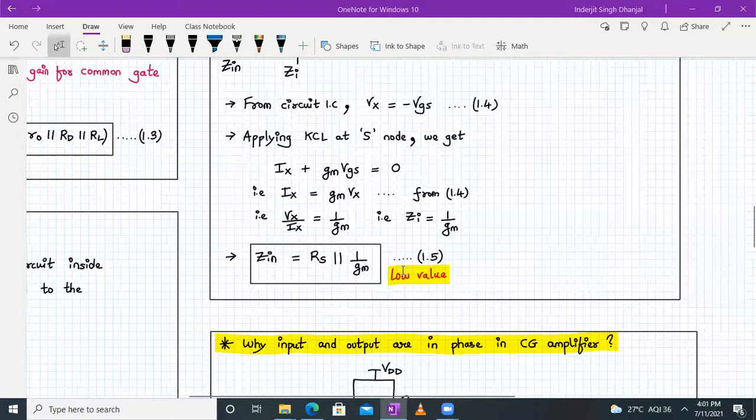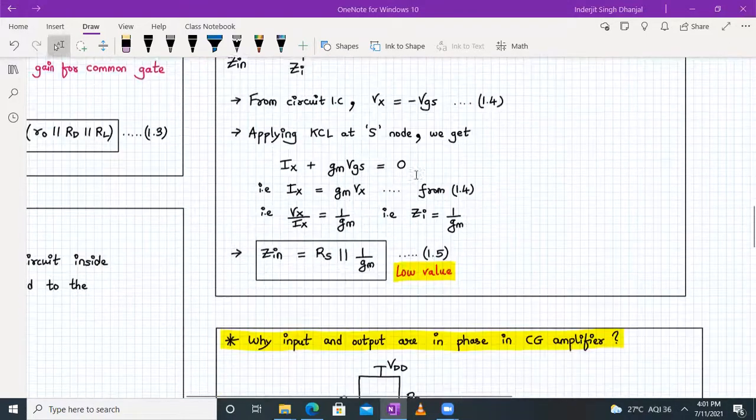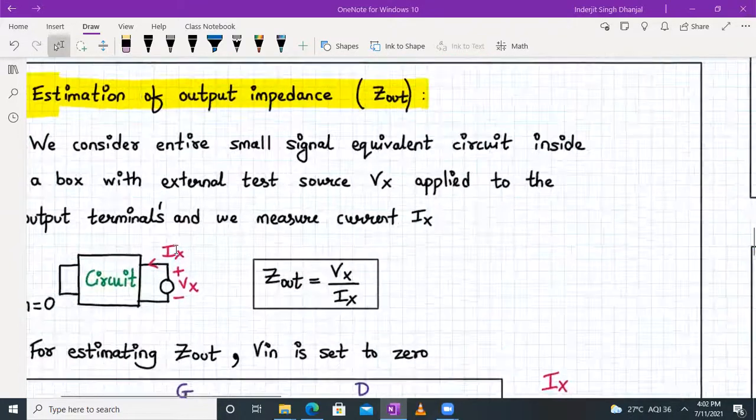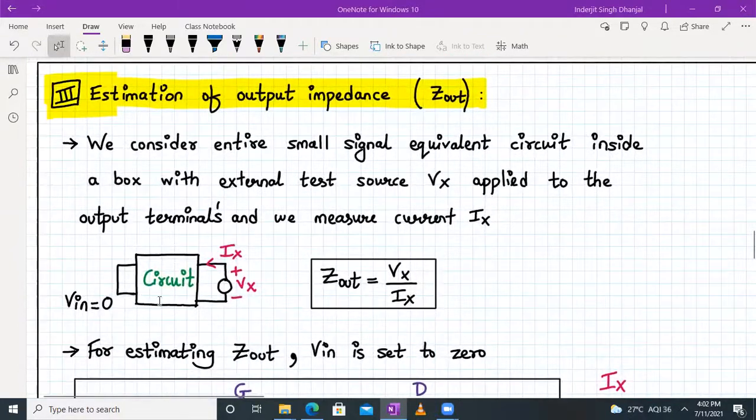Fine. And now let us go next and estimate the output impedance. Again, for the output impedance, we consider the entire small signal equivalent circuit inside the box. We apply the test source Vx at the output terminals, and we measure the current Ix. So Zout will be given by Vx upon Ix.